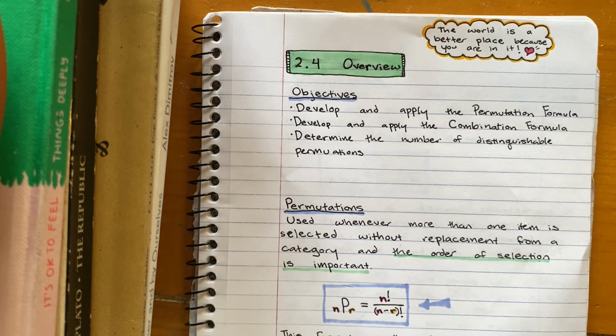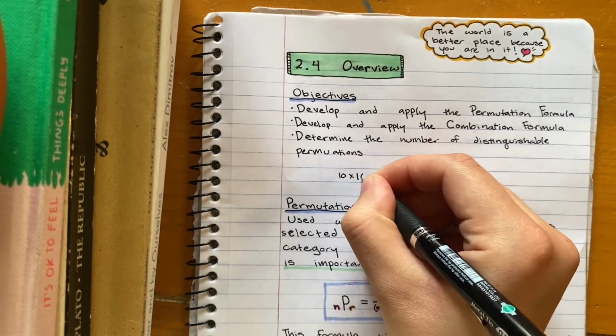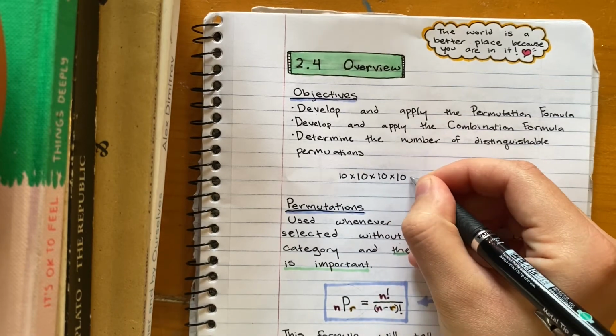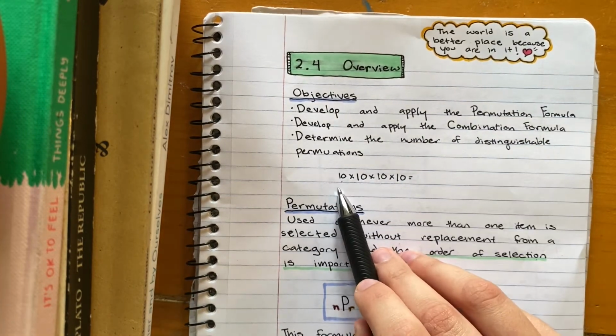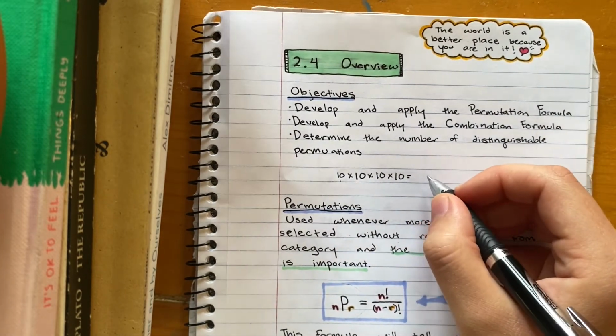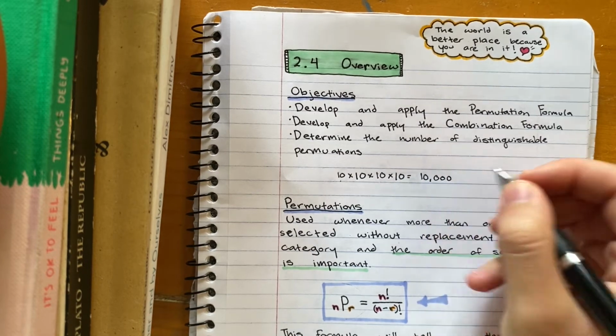So if you were trying to choose a PIN number, there would be 10 options for any digit, because 0 through 9 is 10 different options. So then that would just be 10 times 10 times 10 times 10. So there's 10 different options for each slot, and there's 4 slots for a PIN number. So that would give us 10,000 possible PIN combinations.